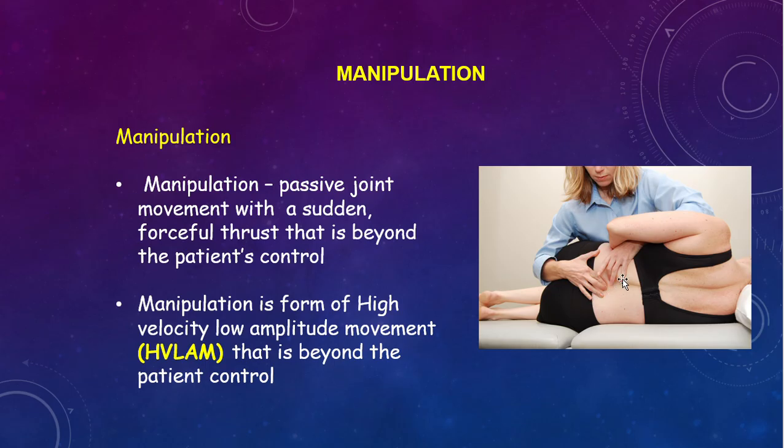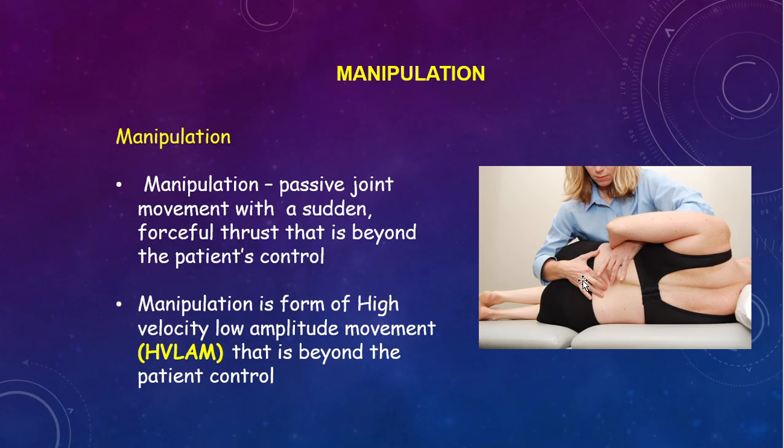The two movements are taking place at the same time, and it gets to a point where there's no movement again. So we say the joint is locked, or we say he has taken off the slab. If at that point of joint locking, she now delivers a high speed and low amplitude movement, then that's a thrust, and we say she has manipulated the spine.